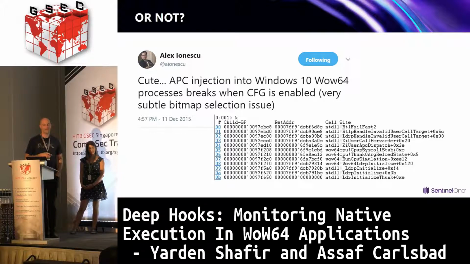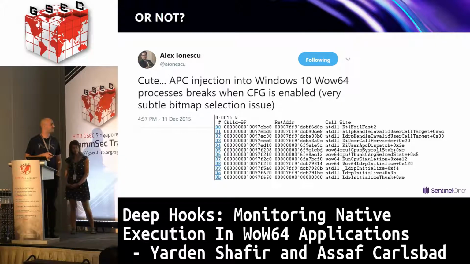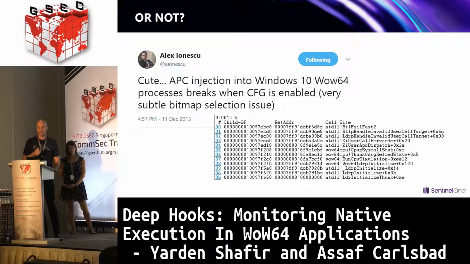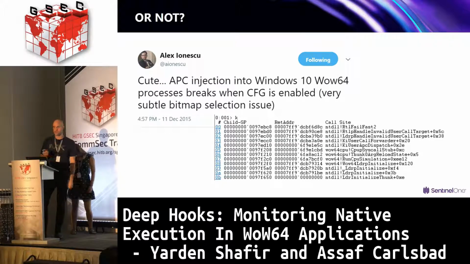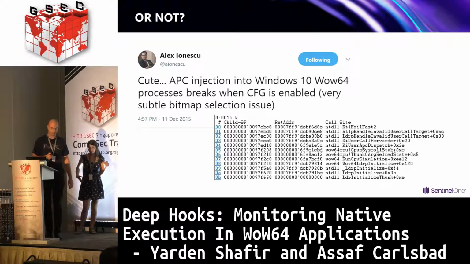And from this tweet, we learned several interesting facts. Specifically, we learned that the crash is probably related to CFG. So before we can start thinking about possible solutions to our problem, we first have to understand what CFG is, what its implications are across the system, and how it is related to WoW64.